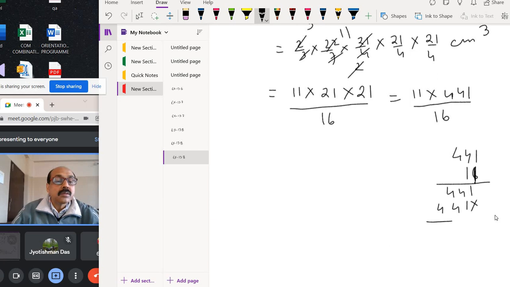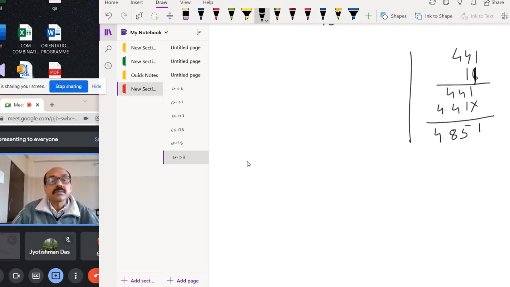Equal to 4851 by 16. So equal to 4851 by 16. Divide now, simple division.